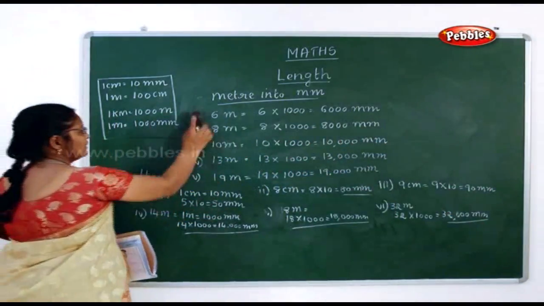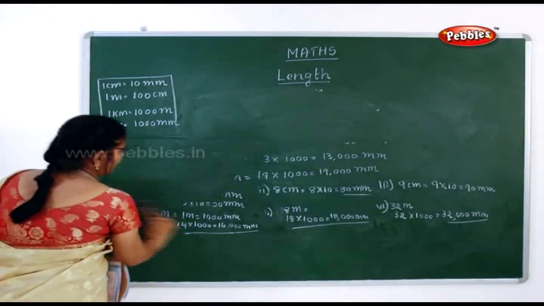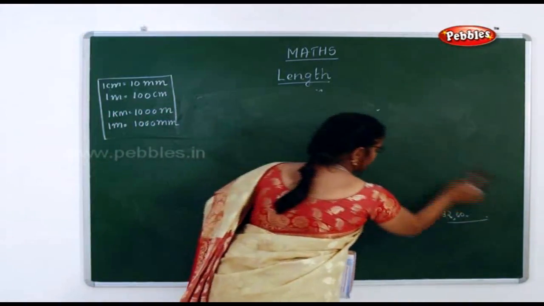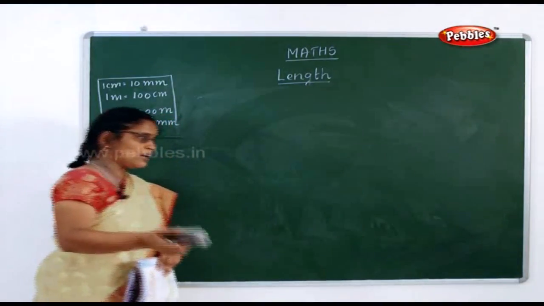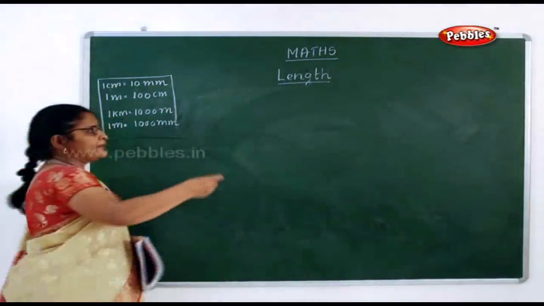Now next one is how you are converting millimeter into centimeter. What you have done all this time, you converted centimeter into millimeter. Now you are going to convert millimeter into centimeter.